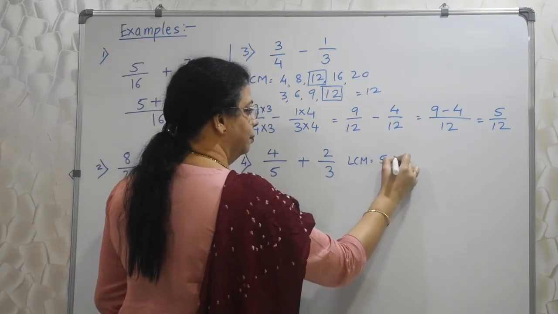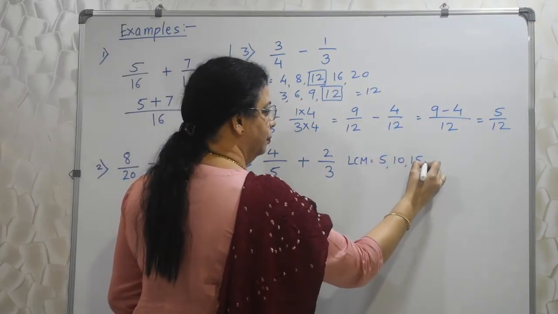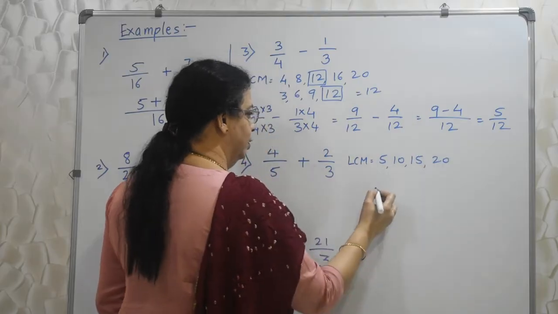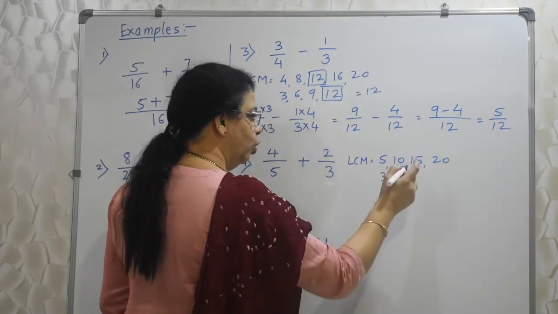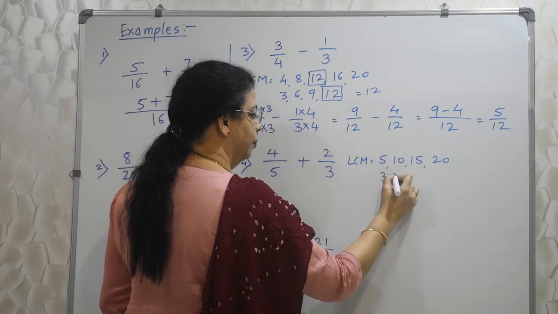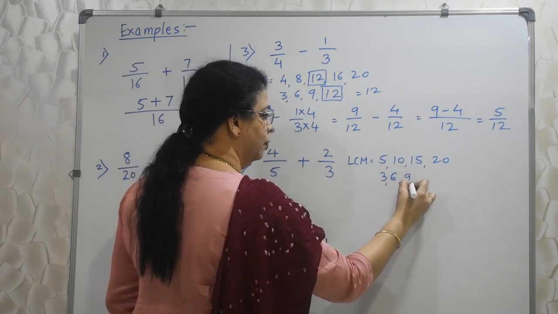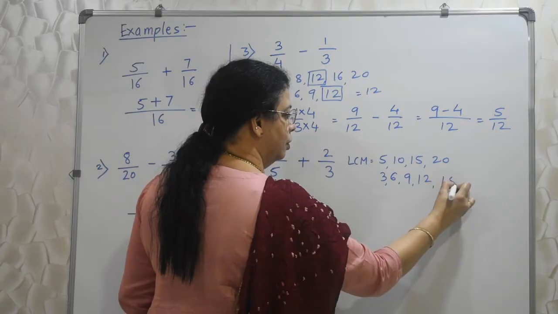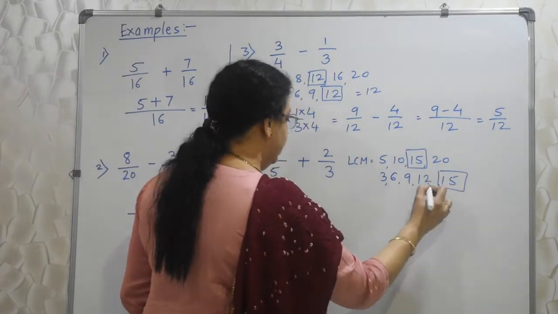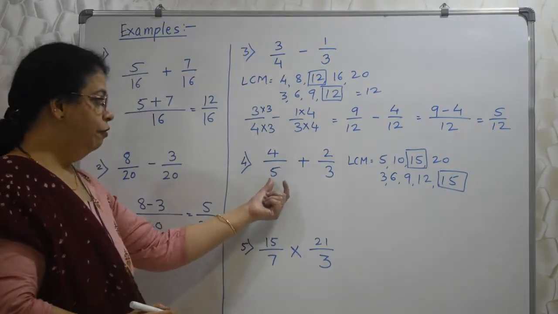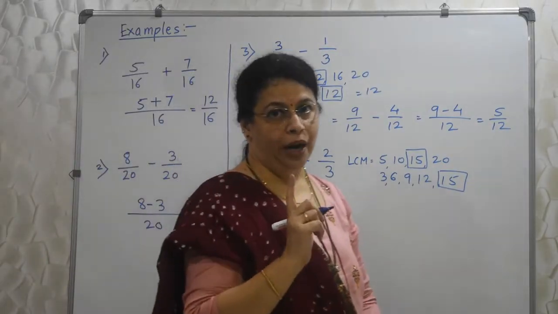5 table. We'll wait here. 3 table. If it is required, then we will write. Not to waste time. Okay. See, here I got my lowest common multiple. See, actually 5 and 3 are co-primes.